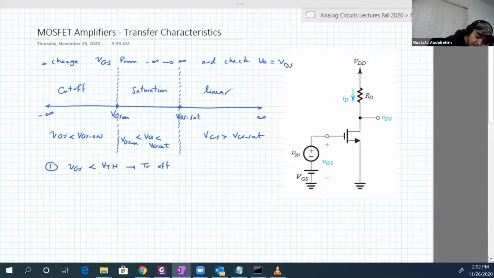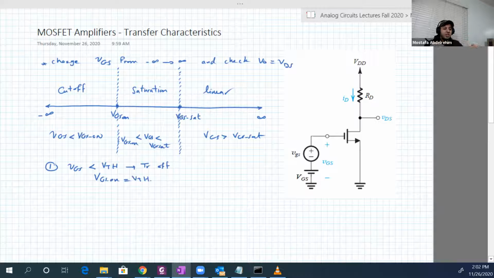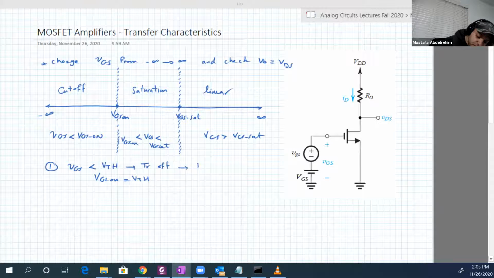And of course, VGS on is actually V threshold, because we know when VGS equals V threshold, there will be a channel between the drain and the source, and a current can flow in that channel. So before V threshold, no channel, transistor is off, so the current is off. ID is equal to 0.